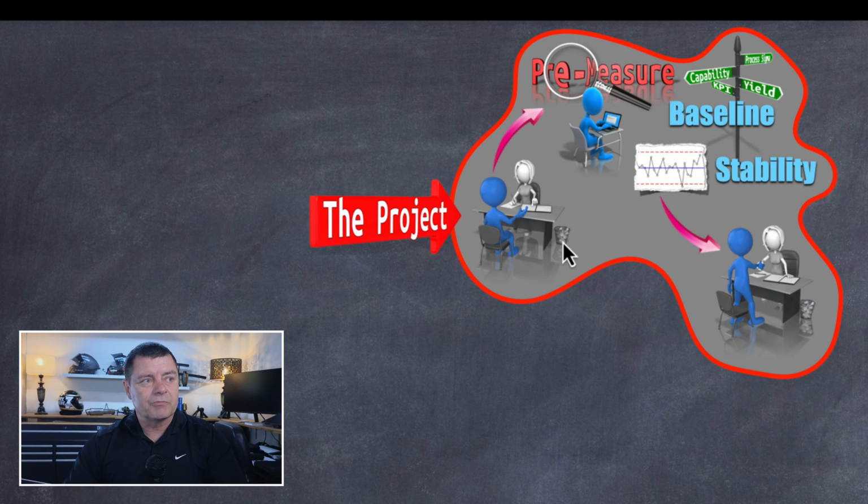We'd sit with the project sponsor and we would start to write a project charter, which defines the scope of the project and the problem or performance gap that we're trying to fix. We would then leave and undertake what I refer to as pre-measuring. Pre-measuring is basically you go out into the workplace wherever this process is underway and gets utilized, and you look at it, collect data, study it and get to understand it.